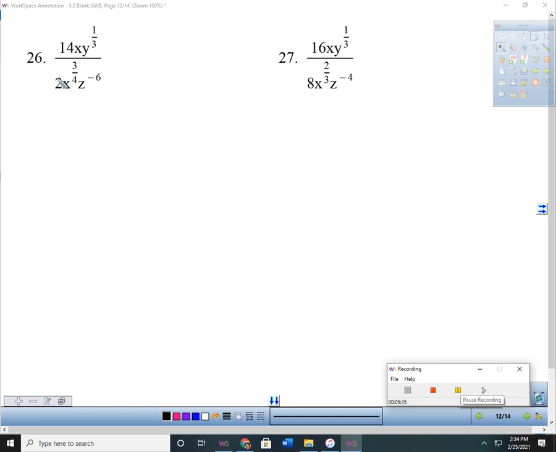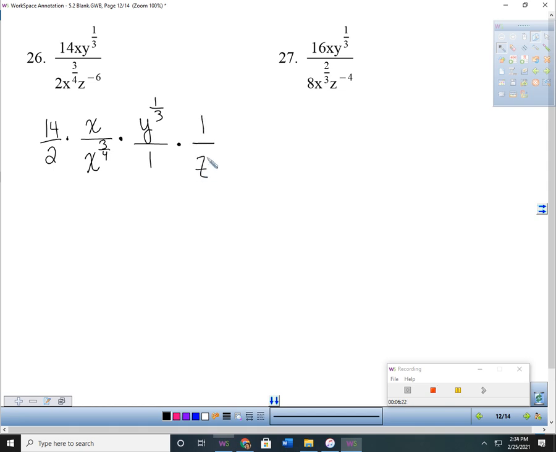So like the 14 and the 2, I've got 14 divided by 2, times, and then I have an x on top paired with an x to the 3/4 on the bottom, times, and then I have a y on top, but I don't have a y on the bottom, so I'm going to put the y on top, but I'm going to put it over 1, times, and then I don't have a z on the top, but I do have a z on the bottom, so I'll put a 1 over z to the negative 6th.